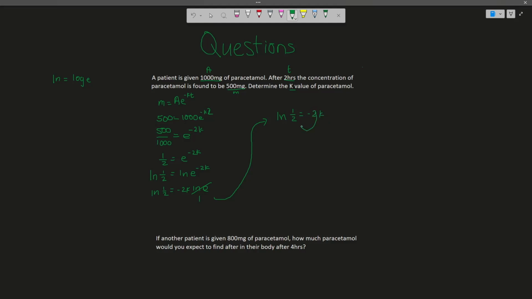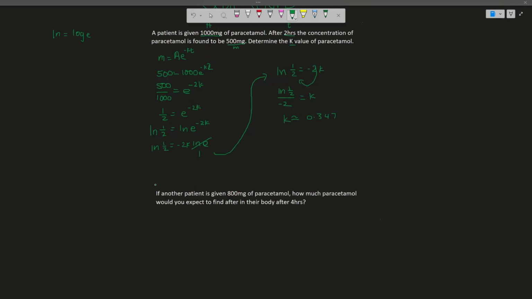We can bring the 2 to the other side of the equation. Have ln 1/2 on negative 2, which is equal to k. And if we plug this into our calculator, we're going to get a k value of roughly 0.347.